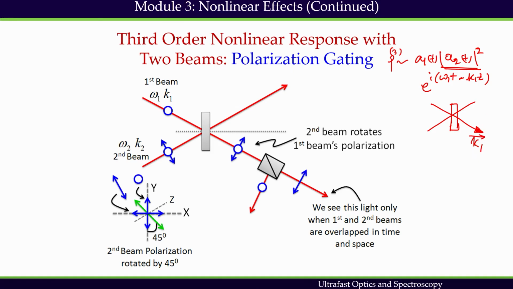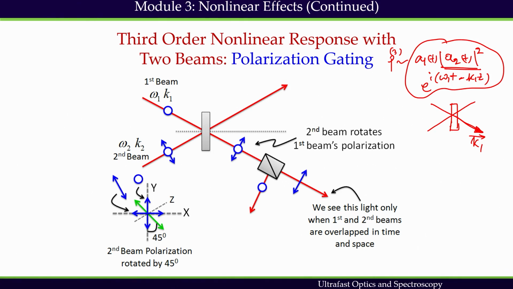So it's very hard to separate the emitted beam created by this polarization from the corresponding input beam. Because they are propagating along the same direction, it's very difficult to separate them. So we have to use some optical trick to separate them.